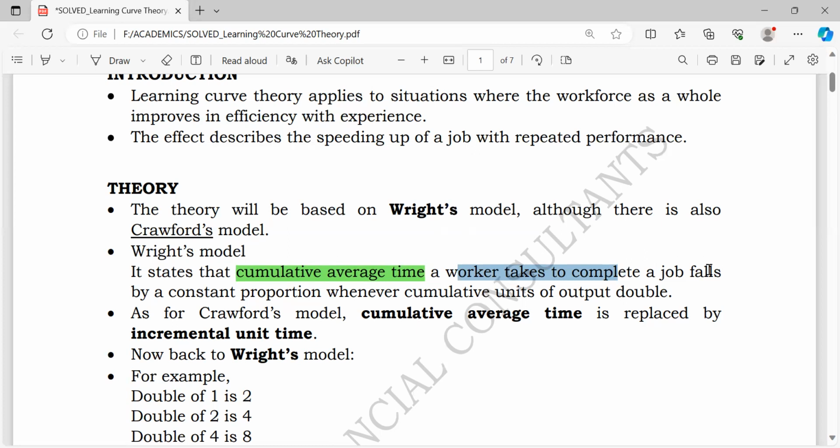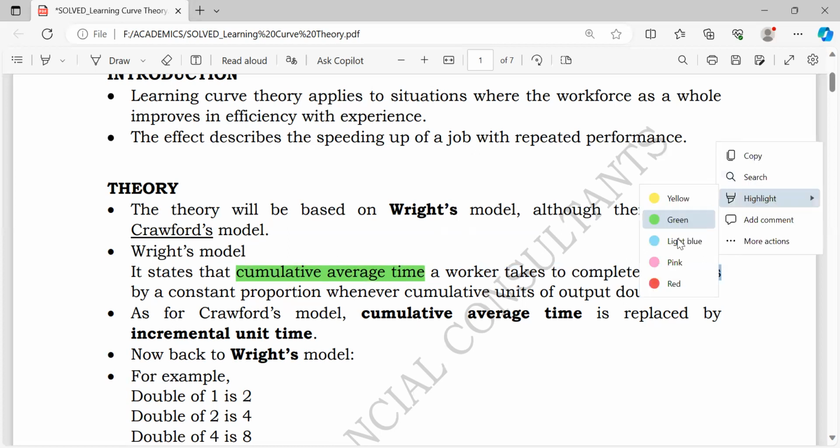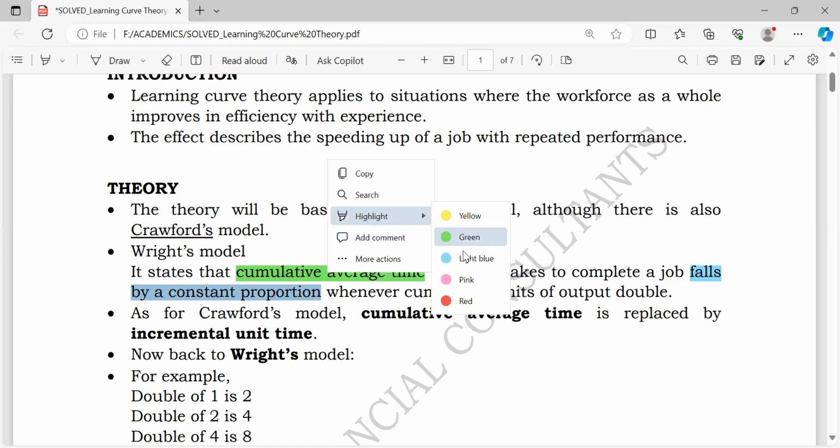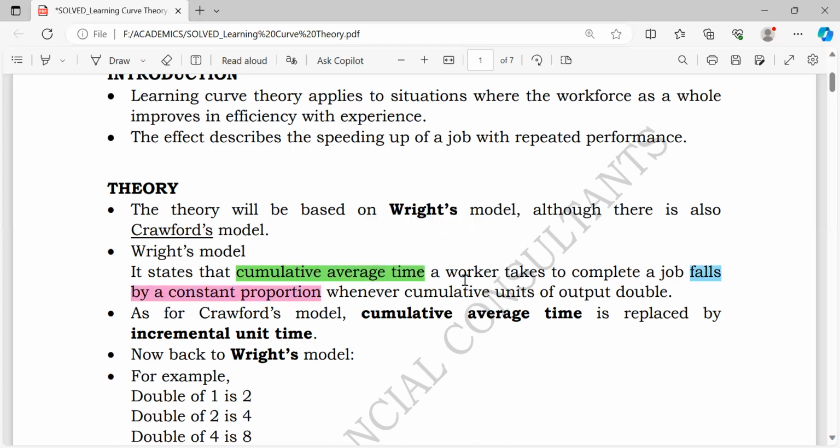So with experience, the time would fall by a constant proportion, maybe by a particular percent, let's say 20%, let's say 40%, whatever proportion. Just know that it's a constant. When? Whenever cumulative units of output double.